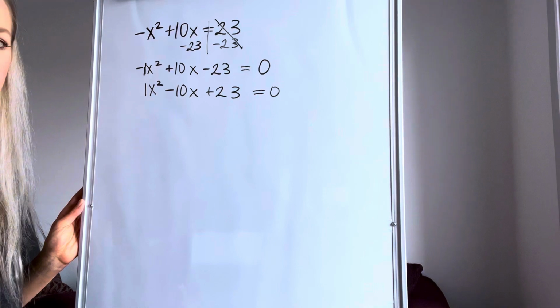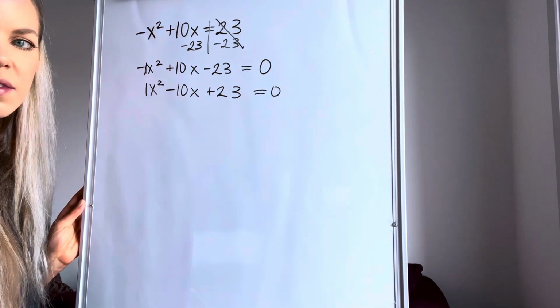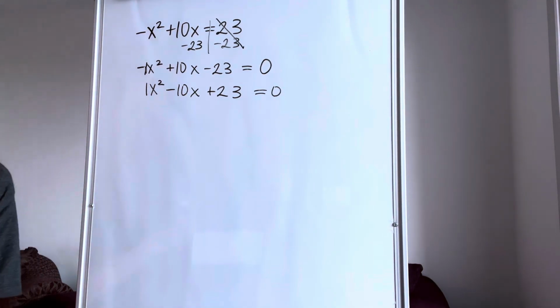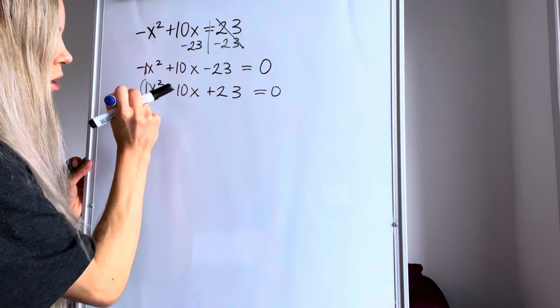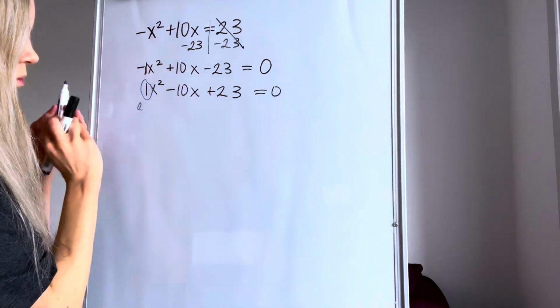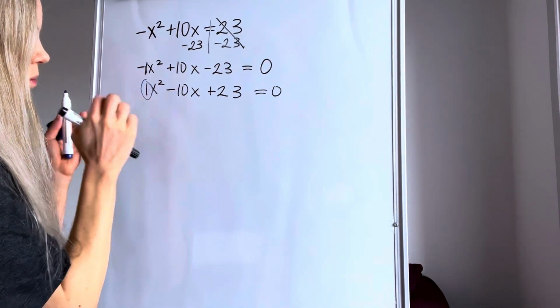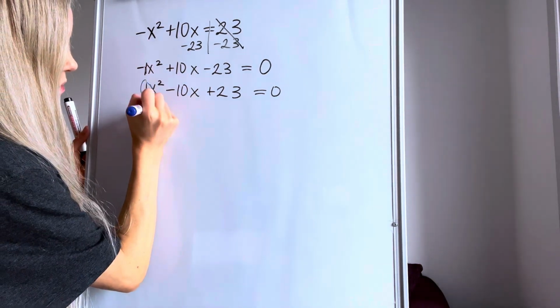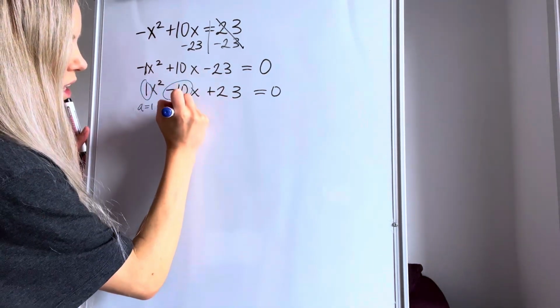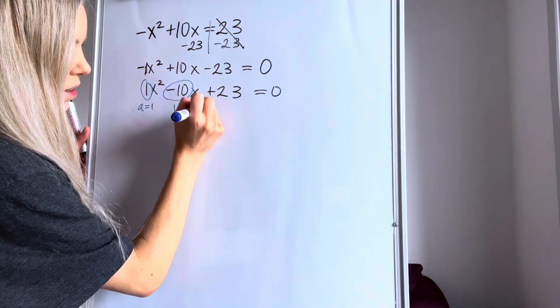And so once you have that set up, you identify your a value, your b value, and your c value. Here, our a value is 1. Our b value is -10. Don't lose any negatives.